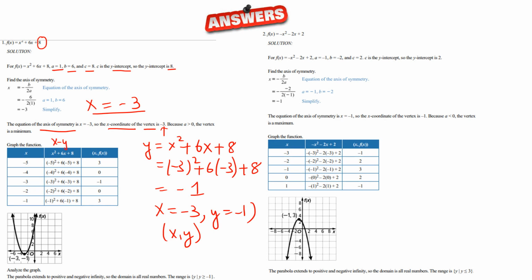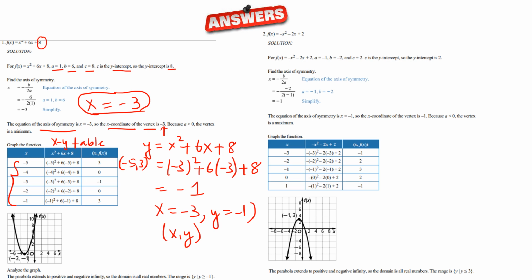Now for the x and y table, next step, because you need some points. Like for example, the first point is minus 5 comma 3. If you put x equal to minus 5, now you may be wondering how you are getting these points. Remember the axis of symmetry once you get x equal to minus 3. So you take the points near to that. Near to that means a little more, a little less.